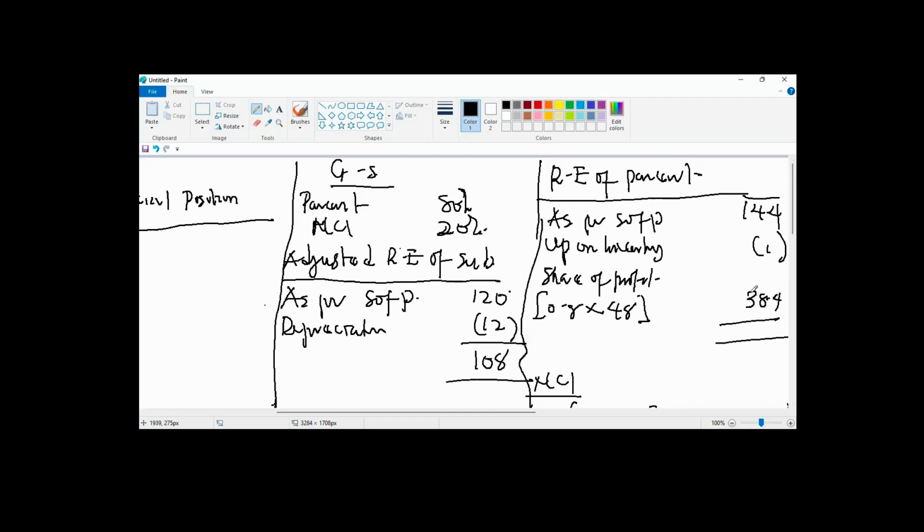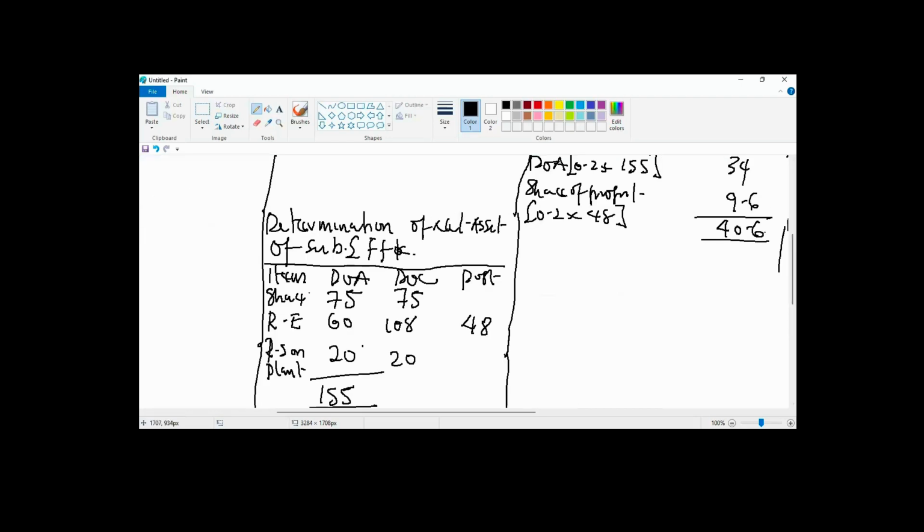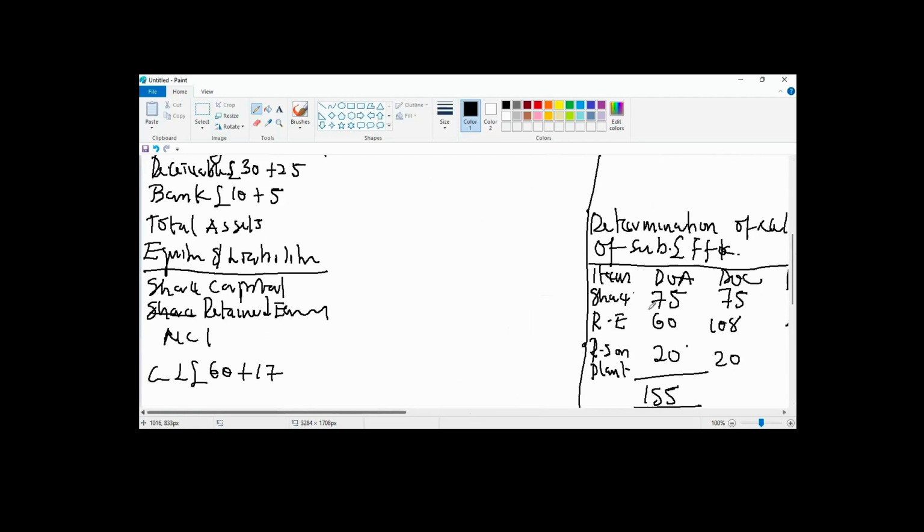And now 181.4. I'll go and consolidate. NCI 40.6. 181.4.